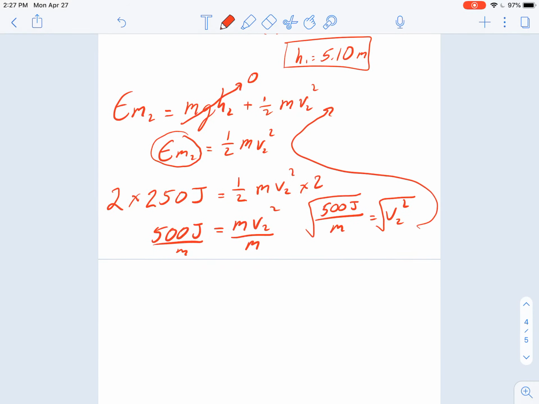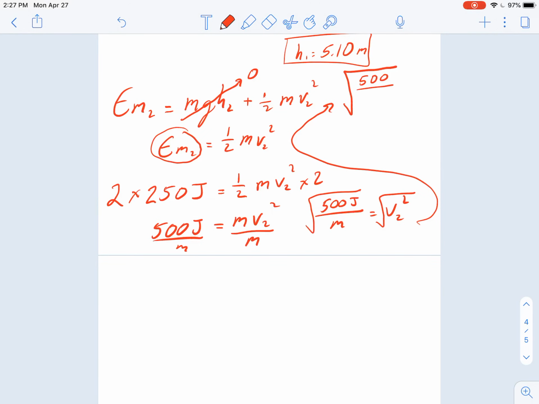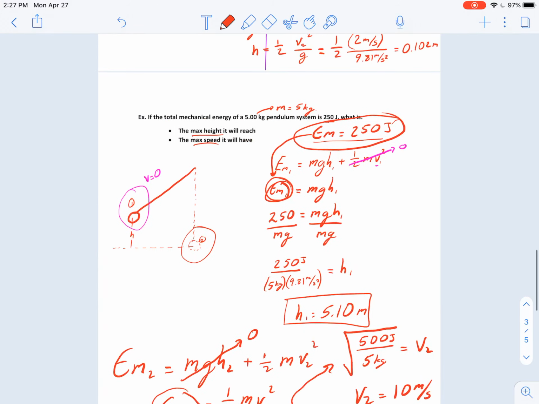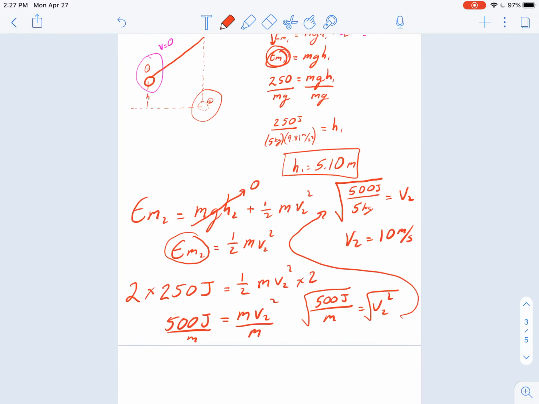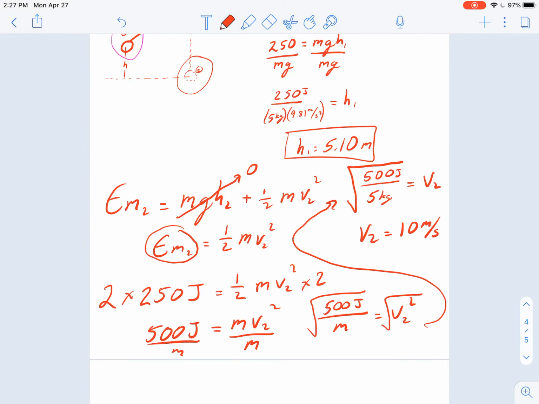We get square root of 500 divided by our mass of 5 kilograms is going to equal our v2. Which is going to be 10. So it's going extremely fast at the bottom of the pendulum. We need an extra significant digit there, so I will make that 10.0 meters per second. And that's our total answer.